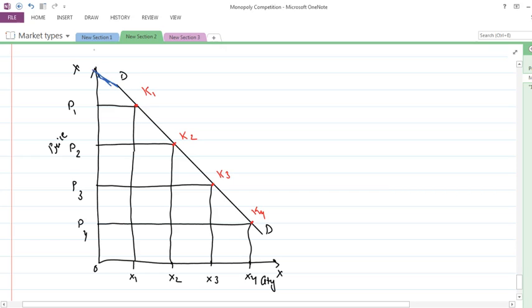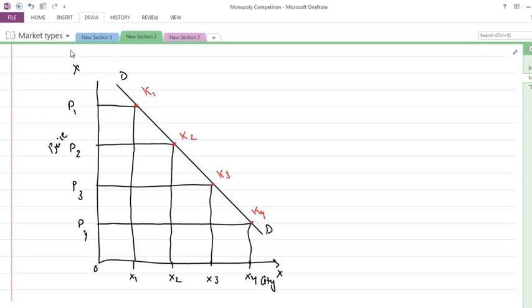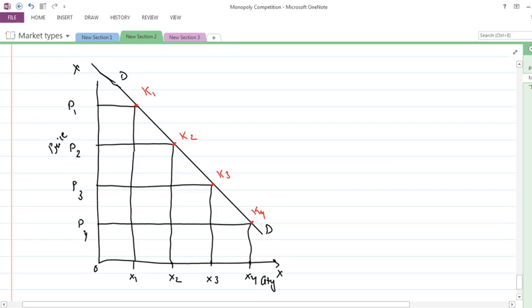If we extend this curve upwards, अगर हमने ये curve को और ऊपर extend किया है, तब what we would be finding is, if I extend it further, rather than having an arrow, and ensure that the demand curve intersects, here the consumer surplus that these people would be having is equal to DKP1.